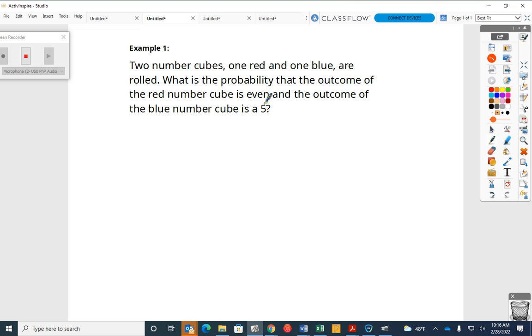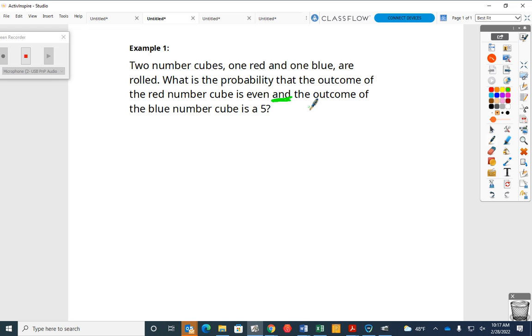What do you see? This word right here: and. Is that important? Yes. If I said in order for you to win $1 million, you have to flip a tails and roll a 5, and you flip a tails, did you win the $1 million? No. If you just roll a 5, did you win? No. Both of those things have to happen.